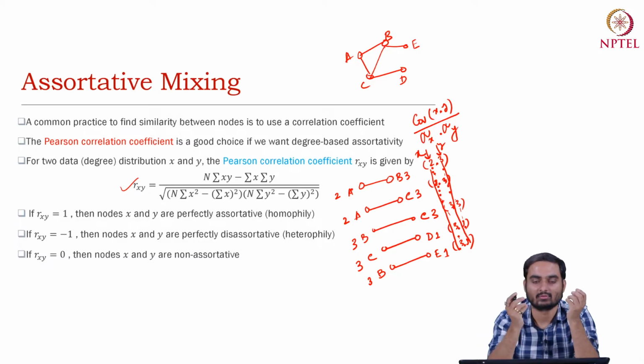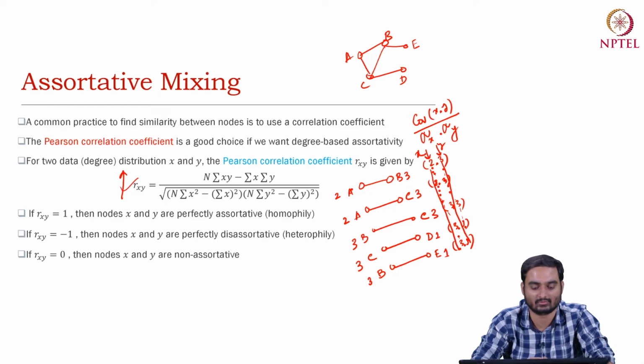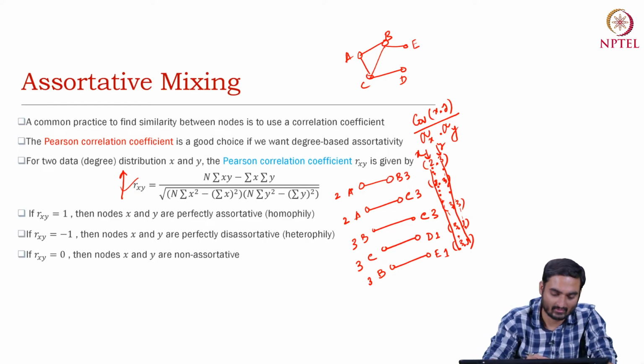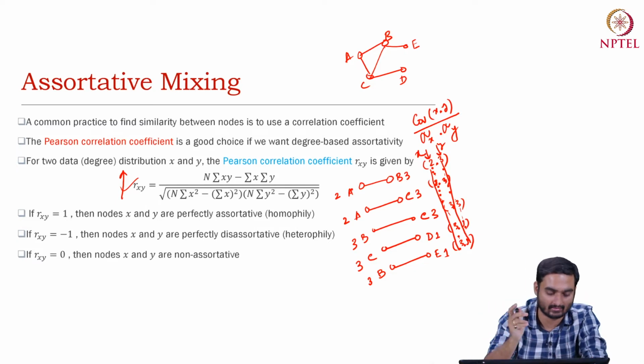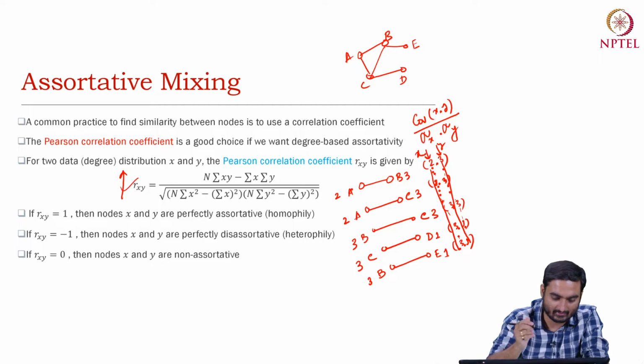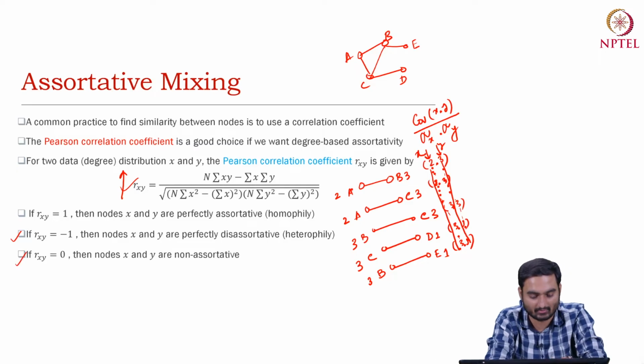So if nodes have similar degree and they are connected, this would tend to be 1. If dissimilar nodes with different degrees are connected, you can think of it as either disassortative or random.